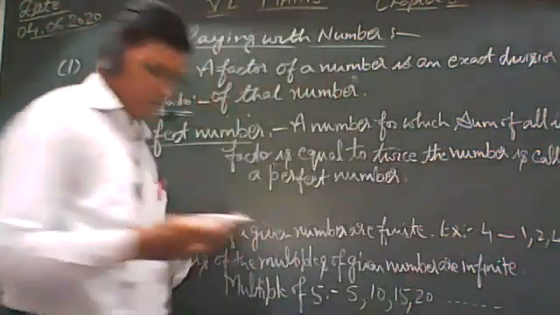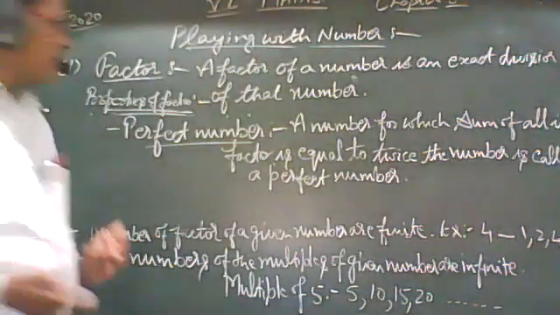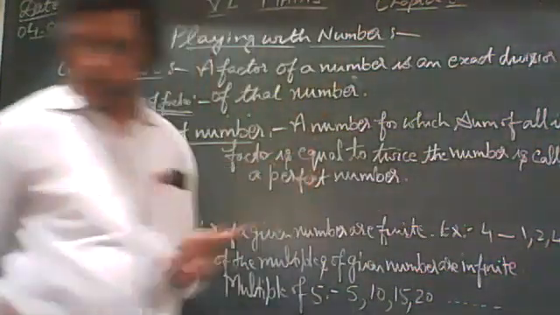That means a number for which the sum of all its factors equals twice the number.